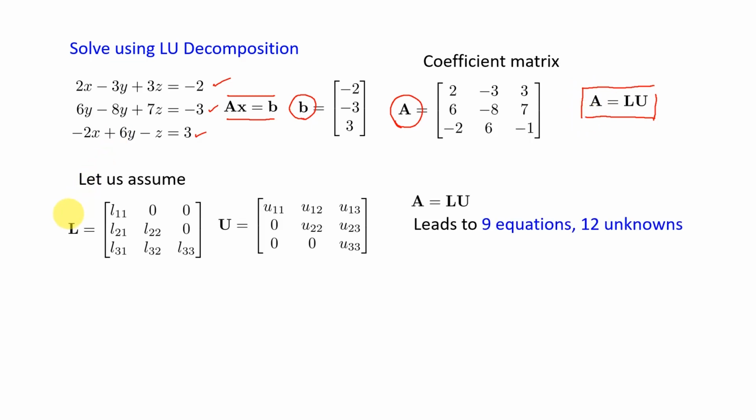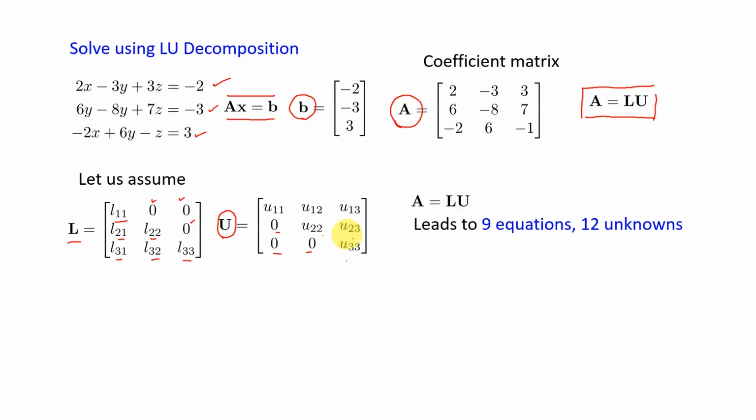Now let us assume the elements of L are L11, L21, L22, L31, L32, L33, and since it is a lower triangular matrix, we know that there will be these 3 zeros above the diagonal. Similarly, the upper triangular U has 3 zeros below the diagonal, and the elements are U11, U12, U13, U22, U23, U33.